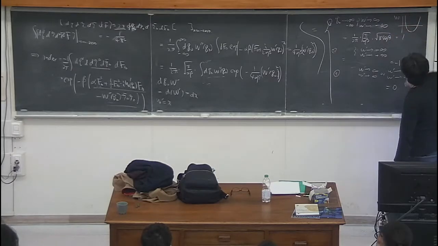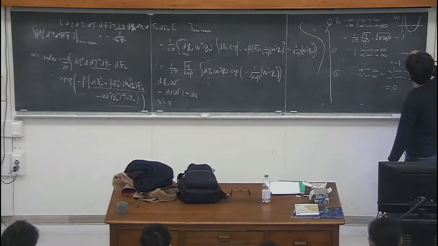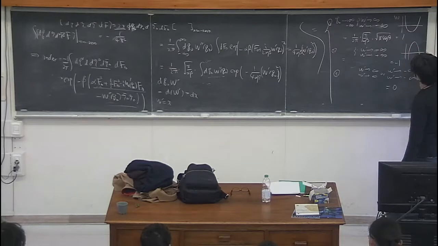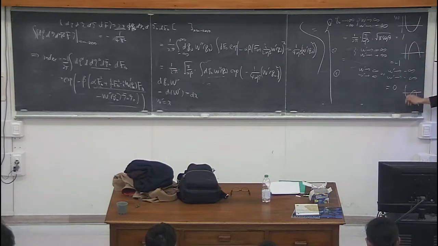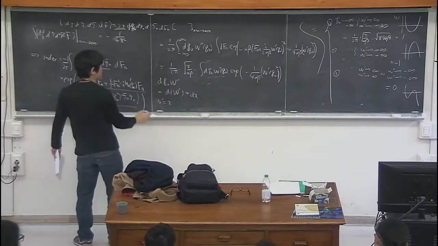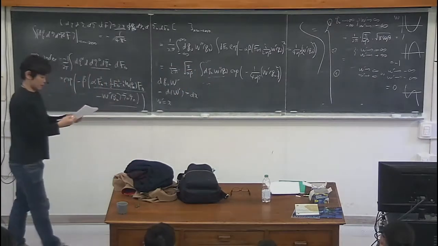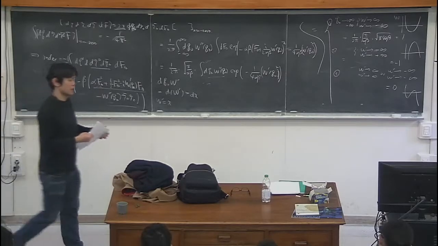So w prime going to infinity means it's increasing, here it's decreasing, and this case it's like this, and this case the same or inverse. So this is the same as the computation of the index. This is related to the Nicolai mapping, but anyway, we can compute the index. It's like that. Okay.